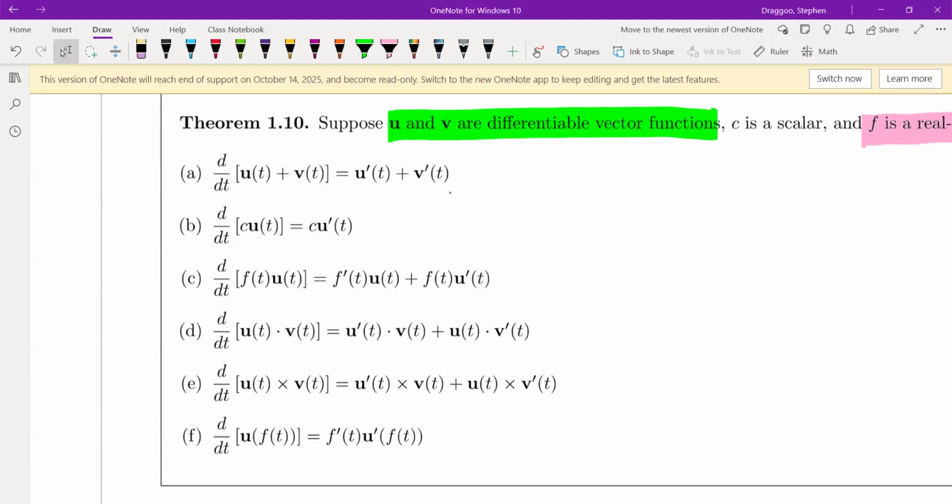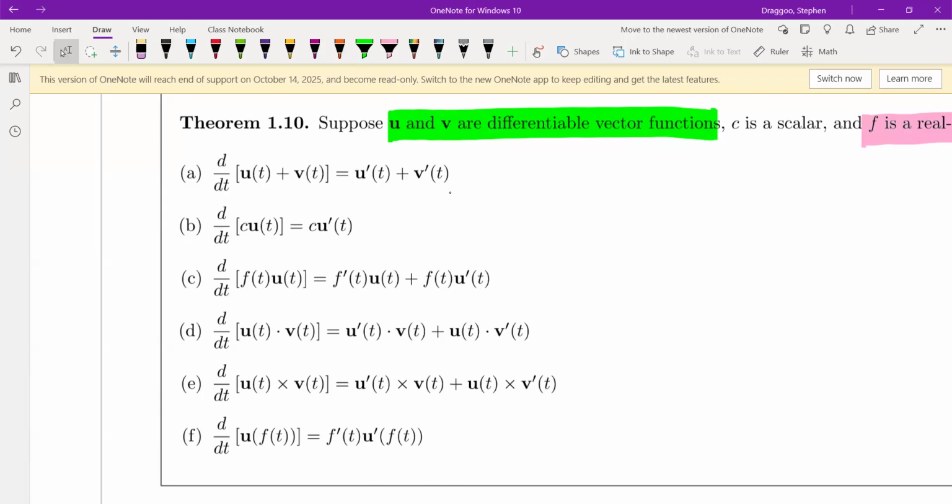The third version of the product rule is for the cross product. But again, works just as you would expect. Just make sure that you keep the order in your cross product the correct way. It's got to be U cross V all three times.